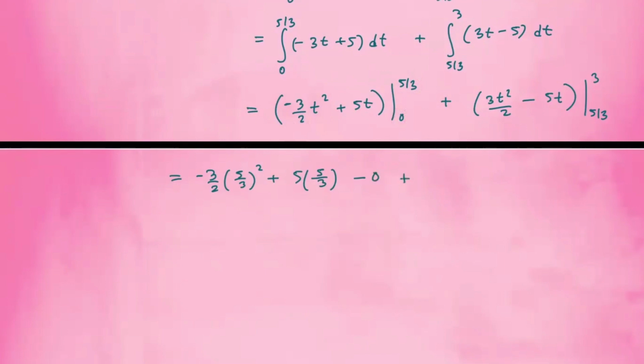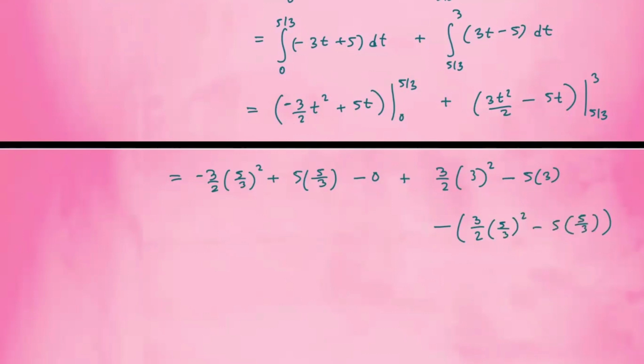We're going to plug in first 3 into each t. So you'll have 3 over 2 times 3 squared minus 5 times 3, minus now the lower limit. So here, be careful. You're plugging in a lower limit for each t. Don't forget the parentheses. This is 3 over 2 times 5 over 3 squared minus 5 times 5 over 3.